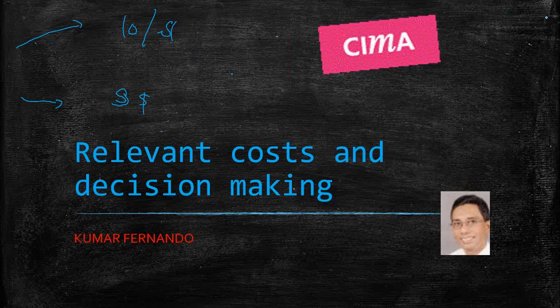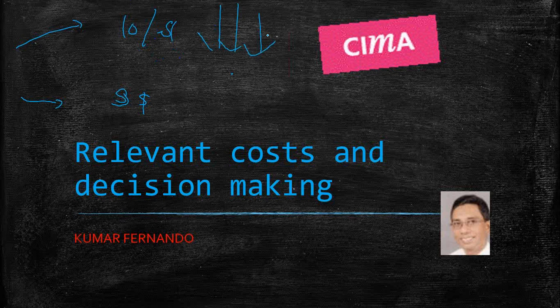In the long term, the decisions we make can have an impact, because if you sell a product at 9, all the people who bought it for 10 will come and say, hey, I also want it at 9. If everyone wants it at 9, you will not have any sales at 10 and you will lose the market.